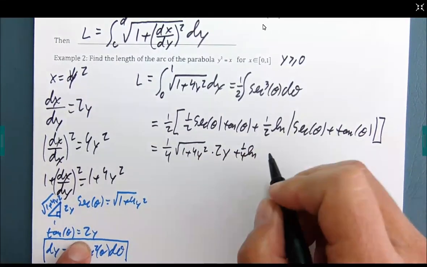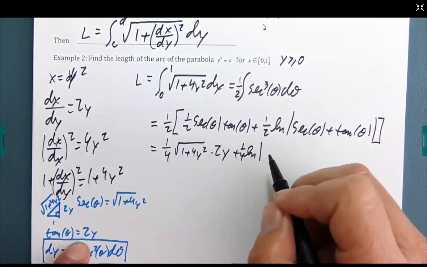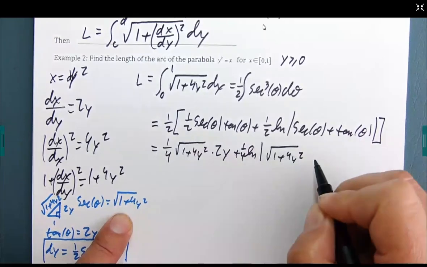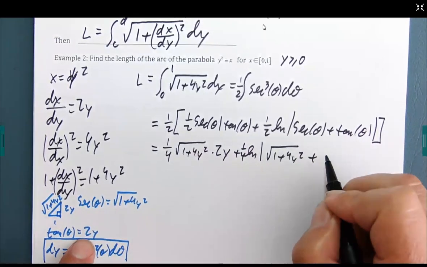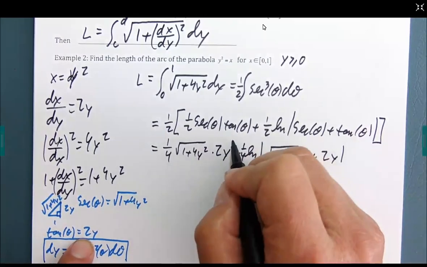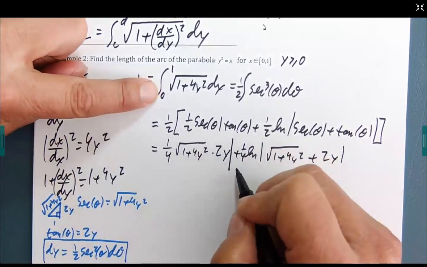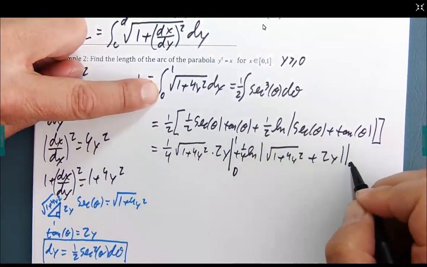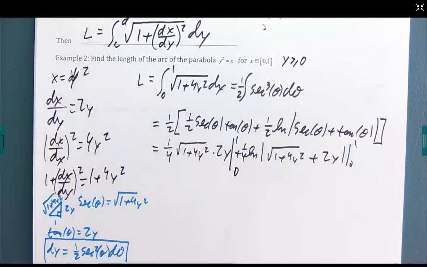Distributing the 1/2. The natural log of secant theta plus tangent theta. And all of this, we're now back to y, so that's from 0 to 1. Looking good.